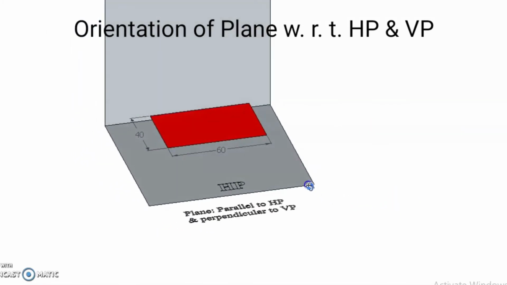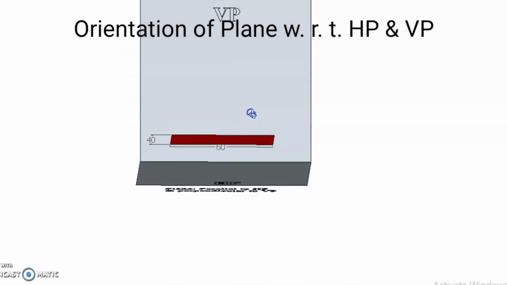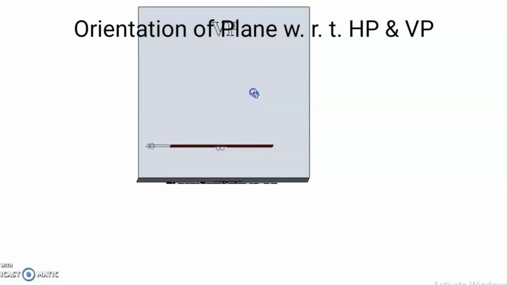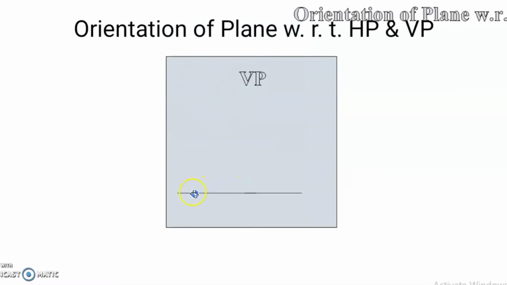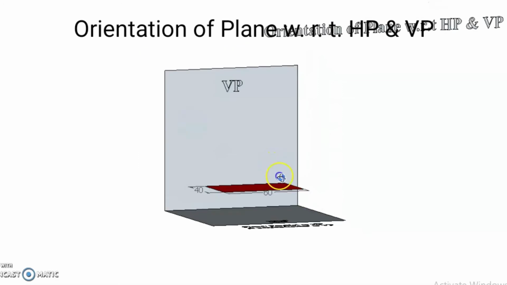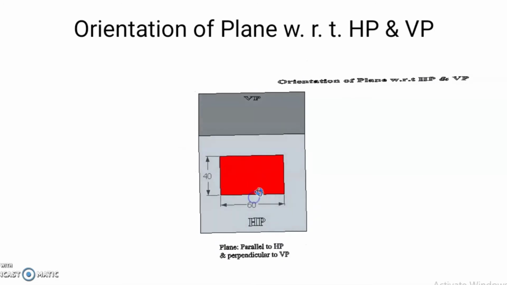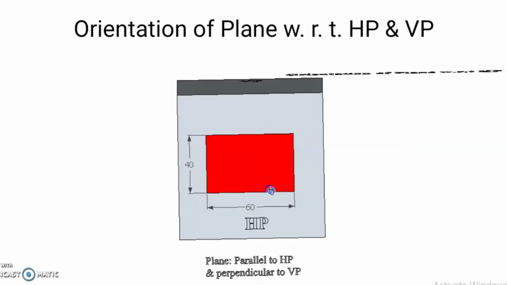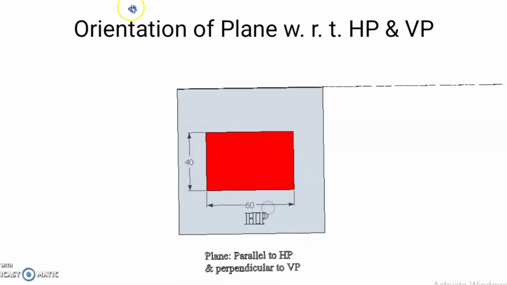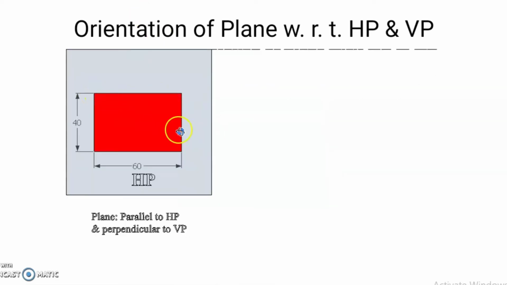Its front view appears like this one. Here the front view appears as a straight line which is parallel to the XY, and its top view appears like this one. So the top view appears as a rectangle which indicates the true shape of the given plane.